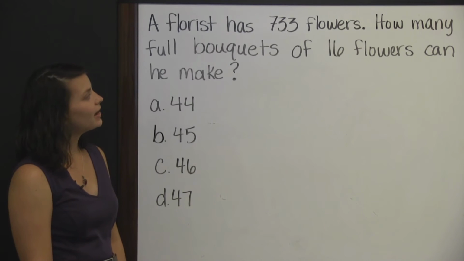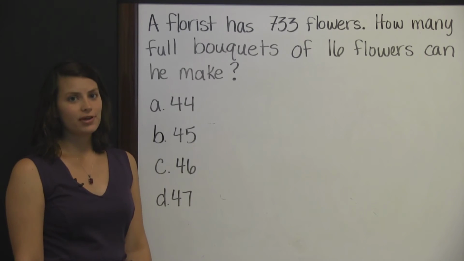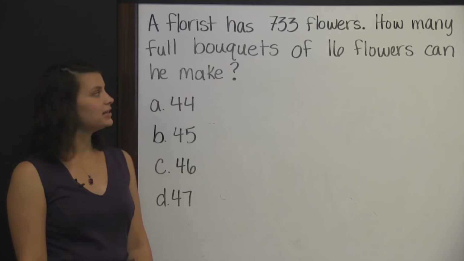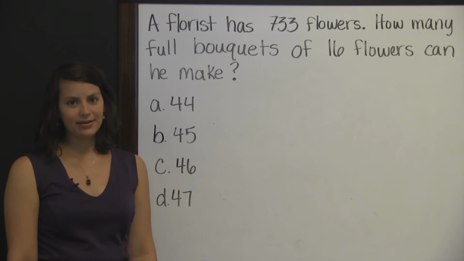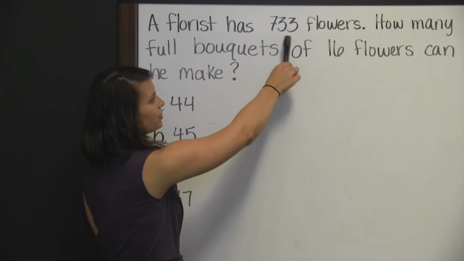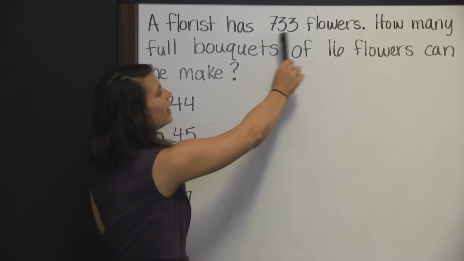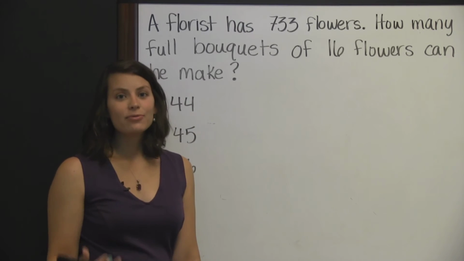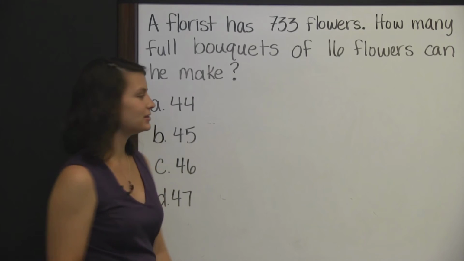A florist has 733 flowers. How many full bouquets of 16 flowers can he make? We want to take this number 733 and divide it by 16 because we're dividing the flowers up into bouquets.